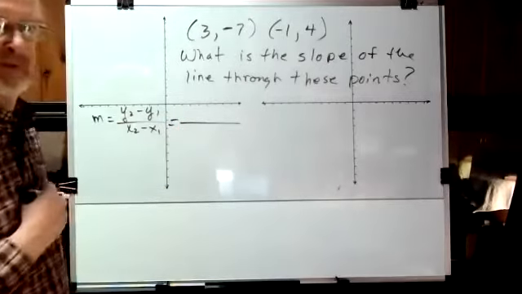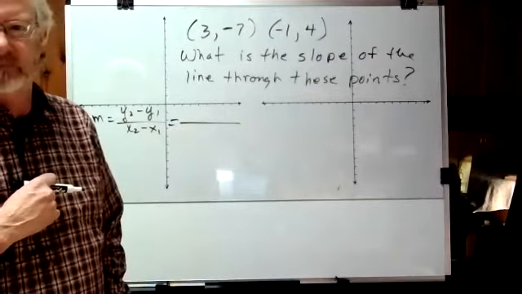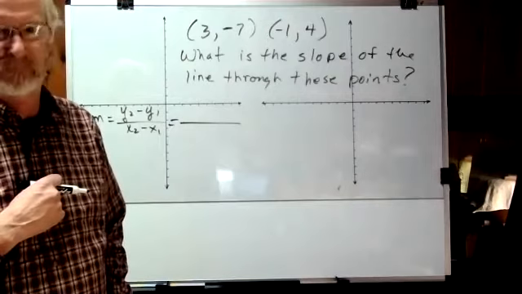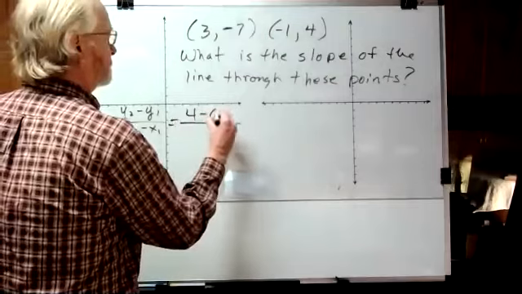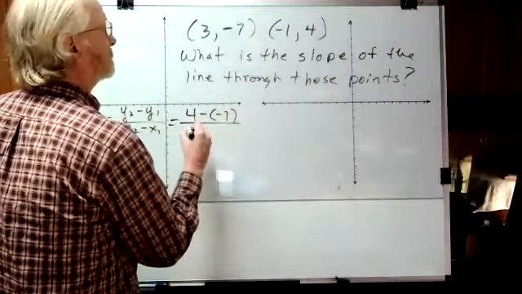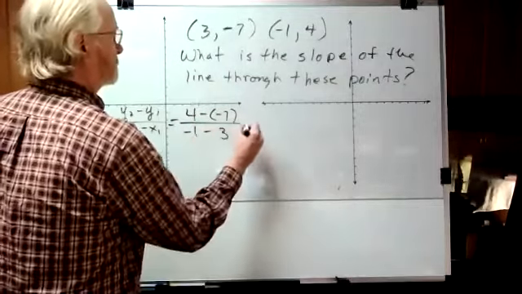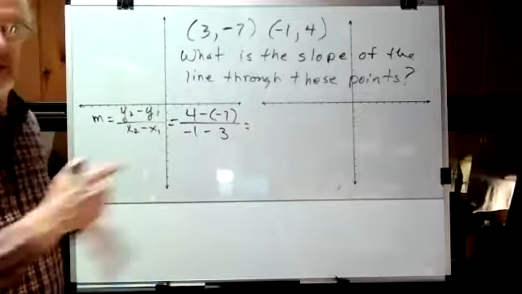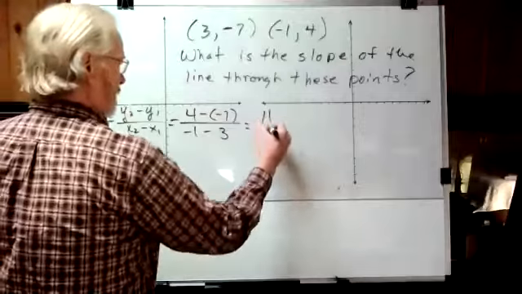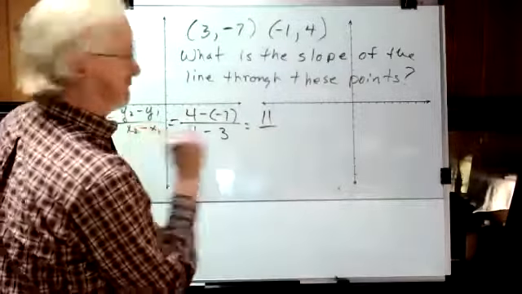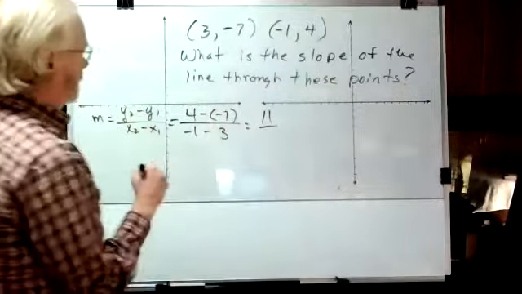Who's got a slope number for us? I got 4 minus -7 over -1 minus 3, and that made -11 over 4. Let's see.